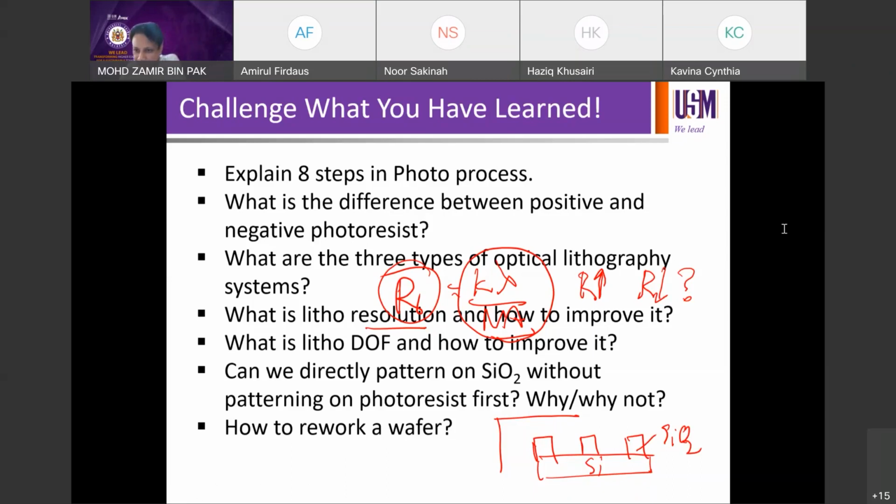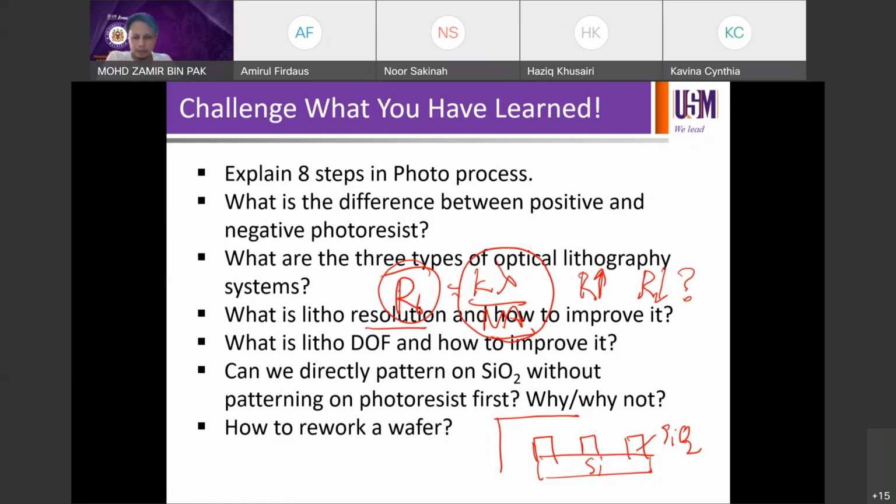No idea, okay. Sakina, no idea. Ahadiah. Can we pattern SiO2 without resist? No idea? Right, it's okay, we will discuss.